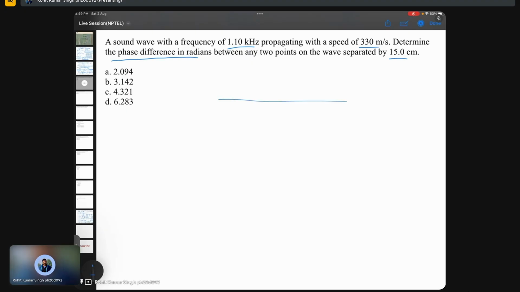You have a sound wave, and there are 2 points. Let's say point 1 is here, point 2 is here, separated by a distance of 15 centimeter. What is the phase difference between these 2 points? So this delta x is 15 centimeter, and you have to find delta phi.